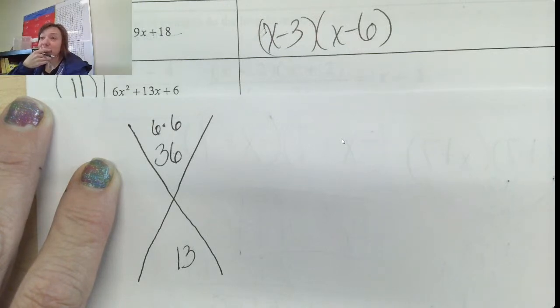Yeah, there is. 4 and 9. 4 times 9 is 36. 4 plus 9 is 13. So it's going to be 4 and 9.